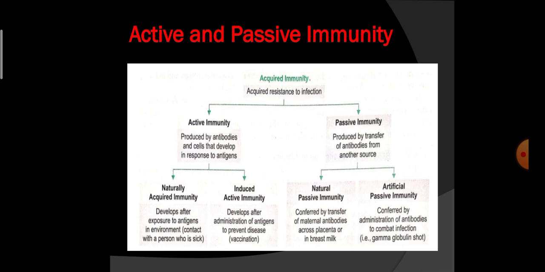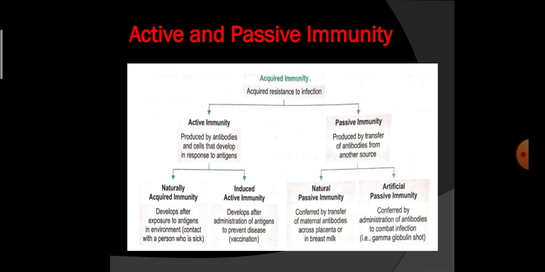So IgG will provide immunity. And even colostrum contains secretory immunoglobulins, that is IgA, that will also help in providing passive immunity. These are the antibodies involved. So from mother to child through placenta or by breast milk, natural passive immunity is given.